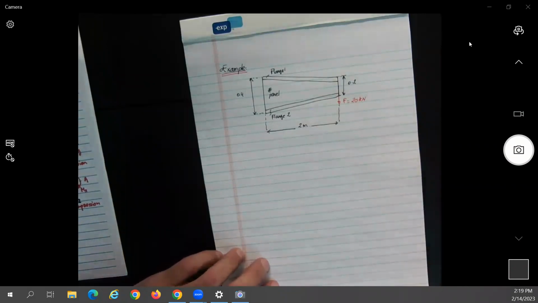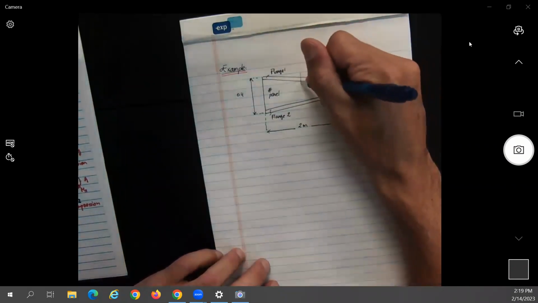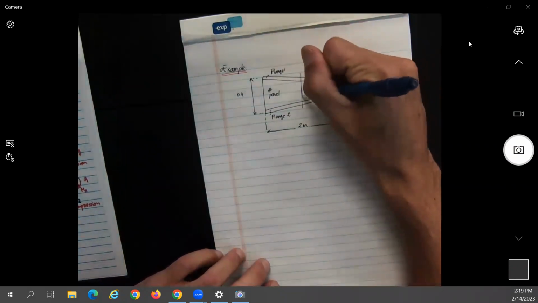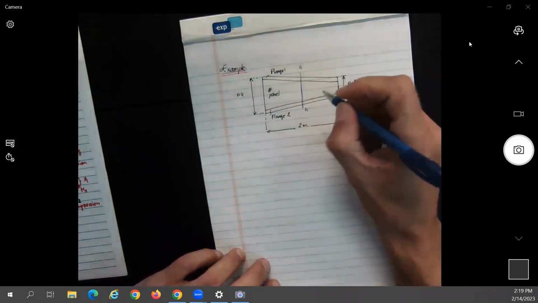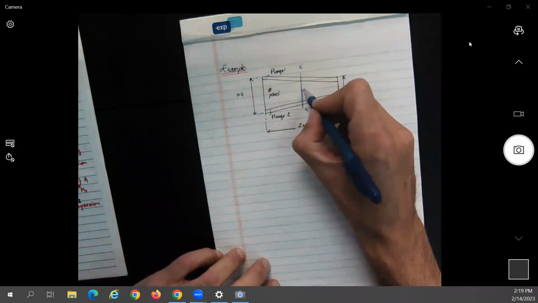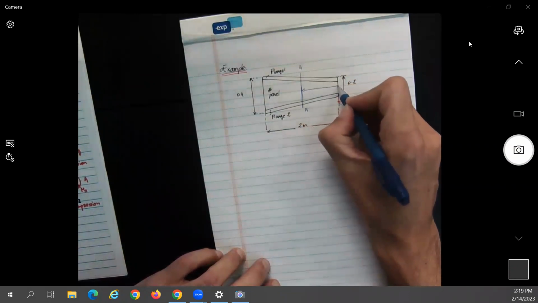The question here is, if we make a cut in the middle, let's say we make a cut at section AA, which is located right in the middle. So let's say this would be 1 meter.